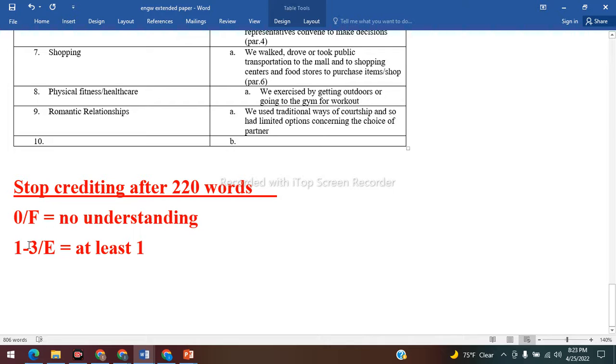Heavy lifting is evident, ideas not clearly expressed, gross errors in language usage. That's 1 to 3. And then the next one is 4 to 5.